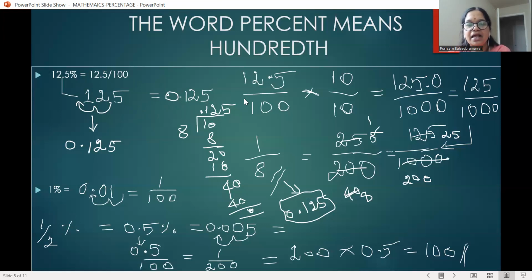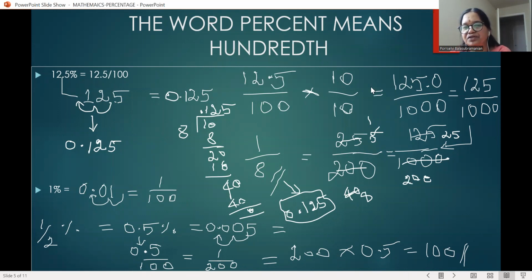Okay. So next we need to simplify this one, right? So how do you simplify? To remove this decimal value and convert into a whole number, you can multiply by 10 with the numerator and denominator. You see here, 12.5 divided by 100. I want to convert this decimal value into a whole number, so I multiply by 10 with numerator and denominator.